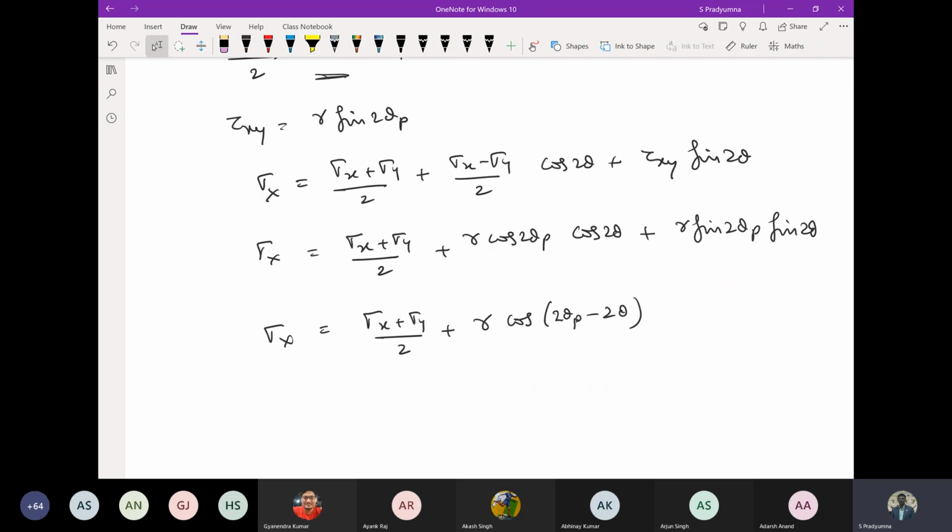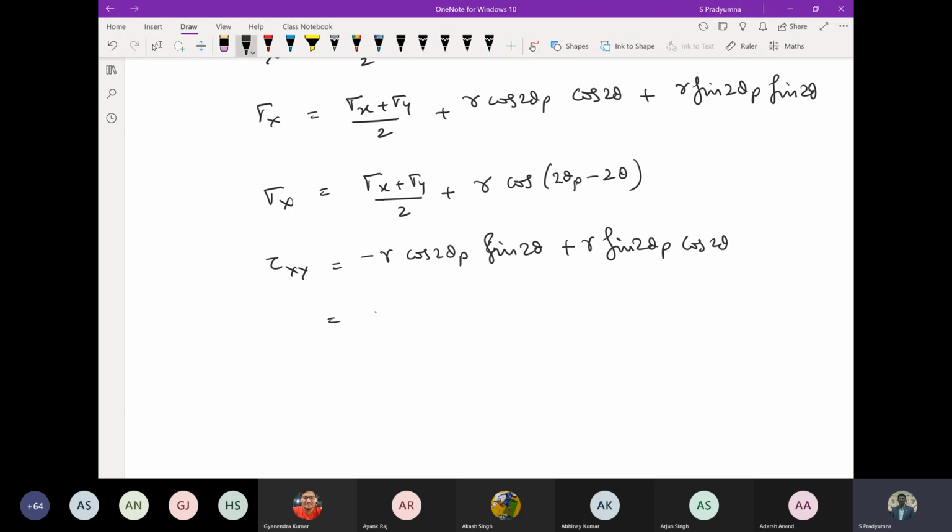Similarly, I can also write tau capital XY is equal to minus R cos 2 theta P into sin 2 theta plus R sin 2 theta P into cos 2 theta, which is equal to R into sine of 2 theta P minus 2 theta. This is tau XY.